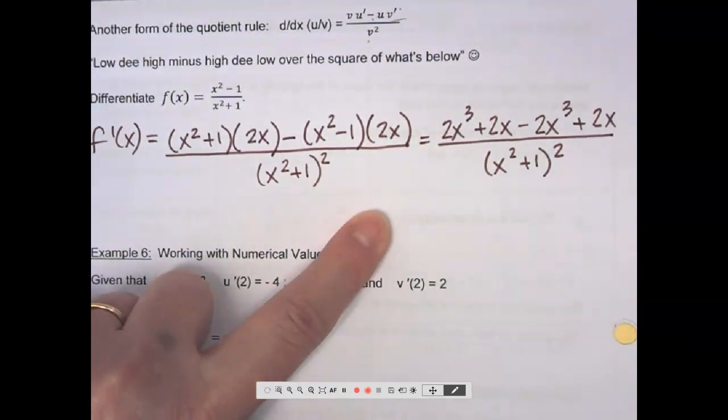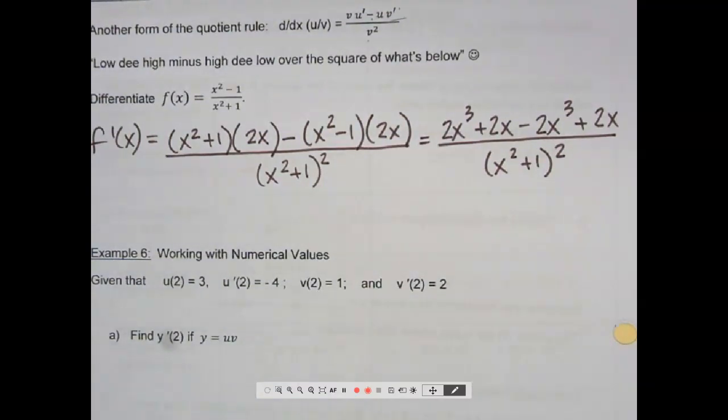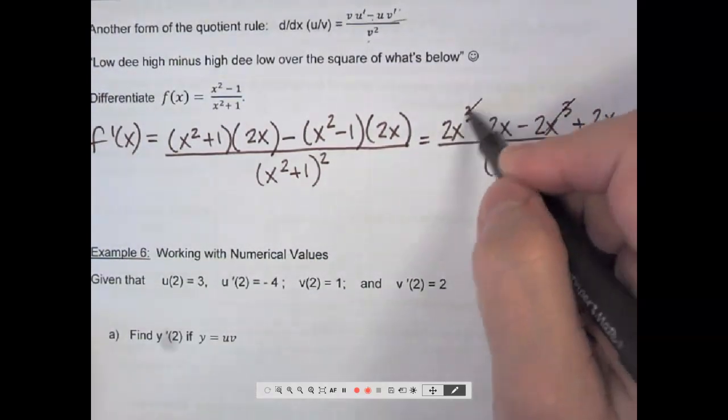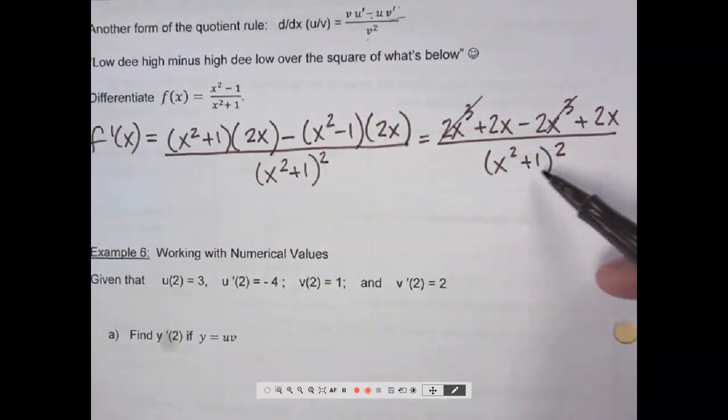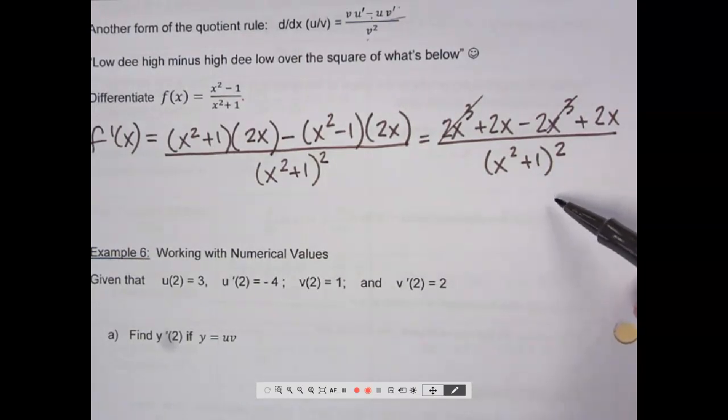I am not going to distribute out the denominator. If you want to, then you go for it. Why aren't you distributing? Because when I see that numerator, I see some things that are going to cancel, and I'm only going to have a 4x up top. There's no way, if I distribute that, there's going to be a factor of 4x, so it's not going to reduce.